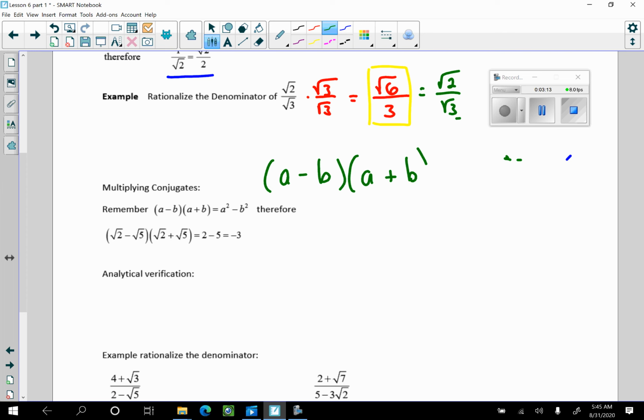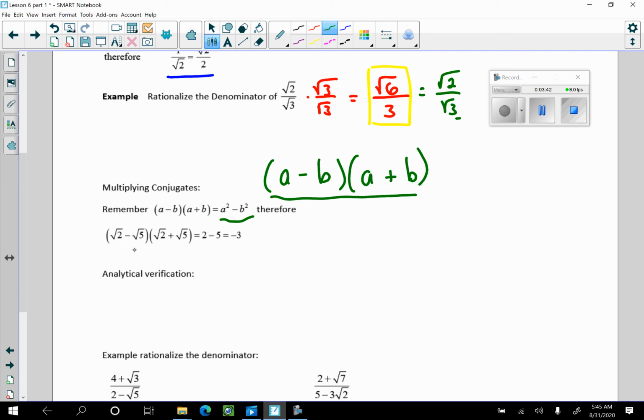We've looked at some factoring of binomial expressions in the last lesson, maybe lesson 4, I'm not quite sure, lesson 3. a minus b times a plus b is equal to a squared minus b squared. We're going to use that same result to multiply conjugates that are square roots.